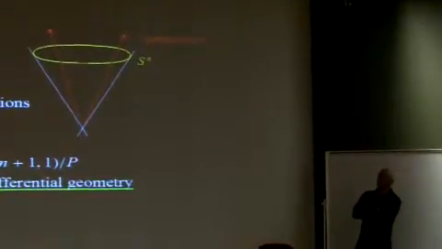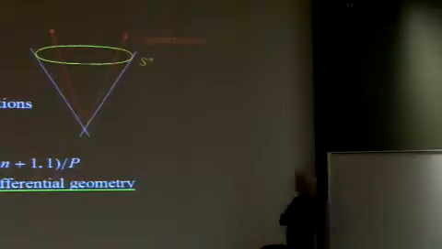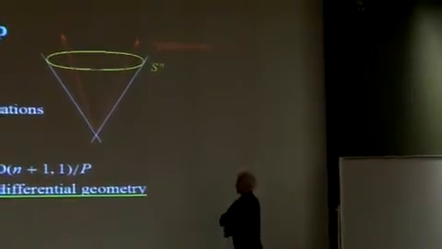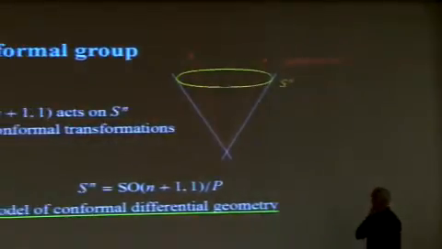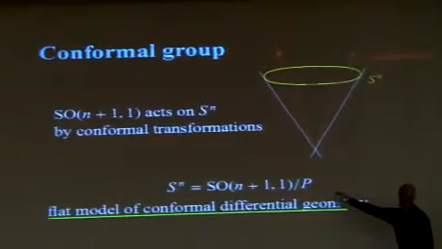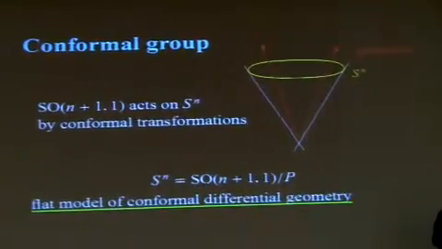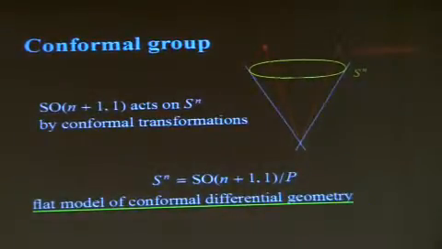Okay, any particular slice will give you a Euclidean metric. But the point is that this is what you might call the most symmetrical model of conformal differential geometry. So here you see that you've got a group acting, a very nice classical group, and you've got a subgroup which you can identify explicitly if you want to.